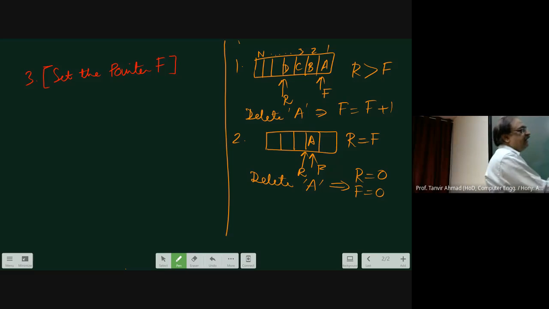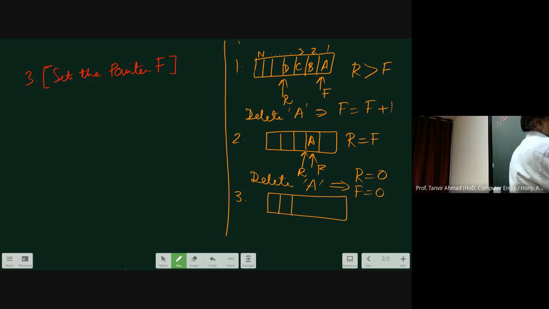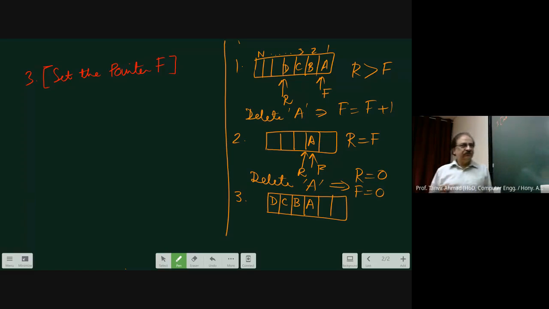Now, the third case is this one. Now, suppose you are having A, B, C, D. Let us do it like this.